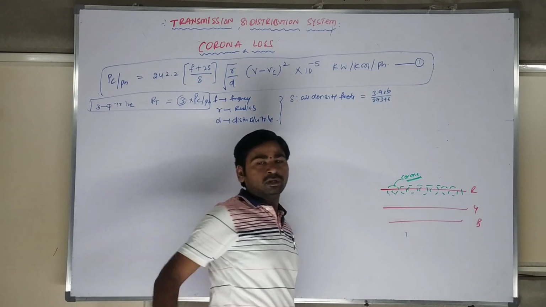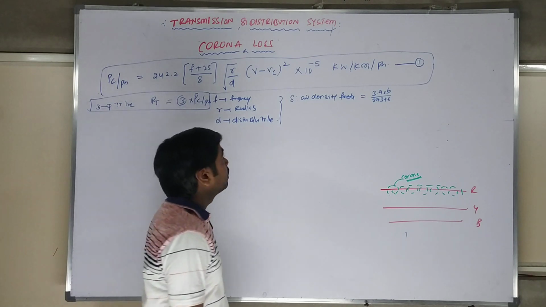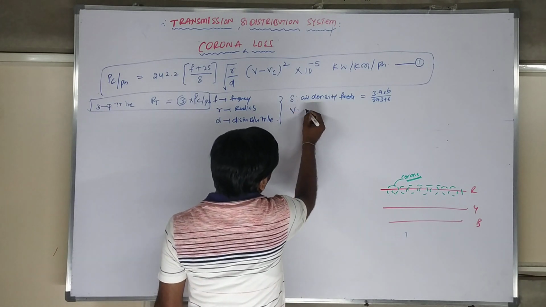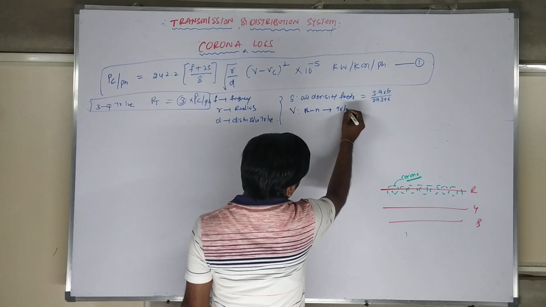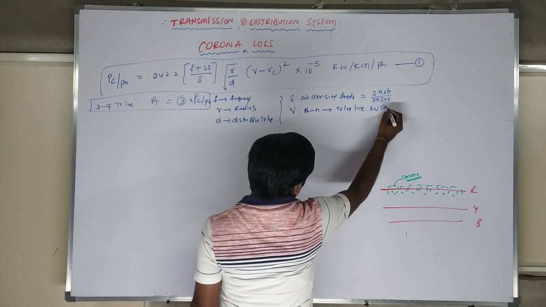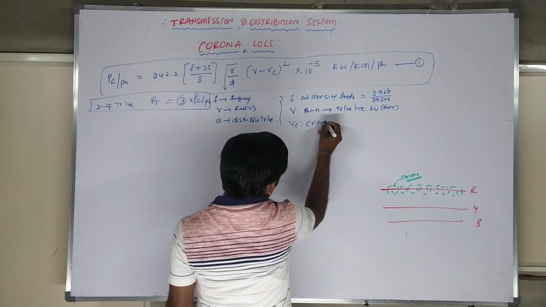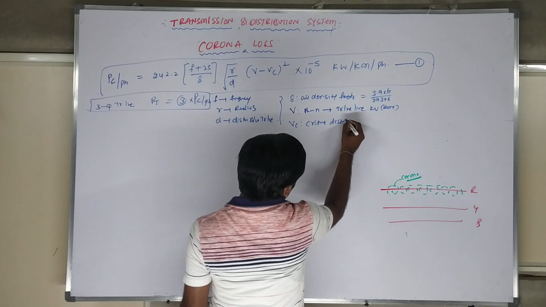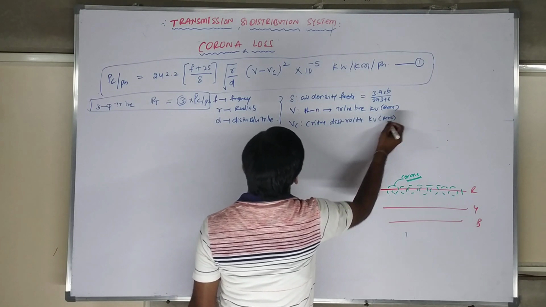These terms I explained clearly in the previous video; if you want clarity, you can watch the previous video. Next, V is the phase to neutral voltage of the transmission line in kilovolts RMS values. Vc is the critical disruptive voltage, also in kilovolts RMS value.